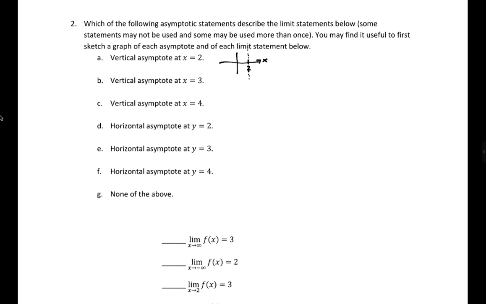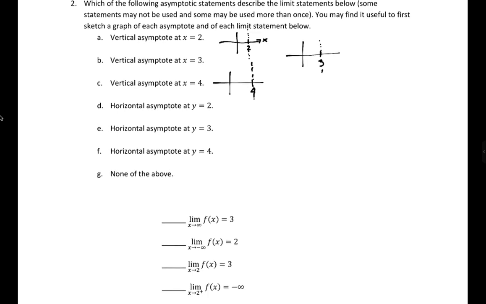So I'll just keep that there for the moment. And for part B, I'll draw it off to the side because there's not so much space, but a vertical asymptote at x equals 3 would look very similar. It would just be at 3 instead of at 2. And likewise, a vertical asymptote at x equals 4 would again just be shifted over by 1 unit. So this is what we think vertical asymptotes look like.